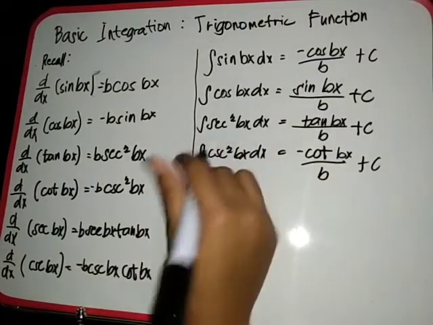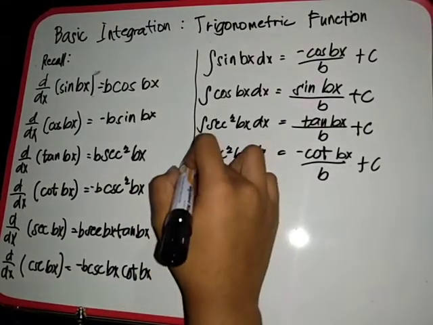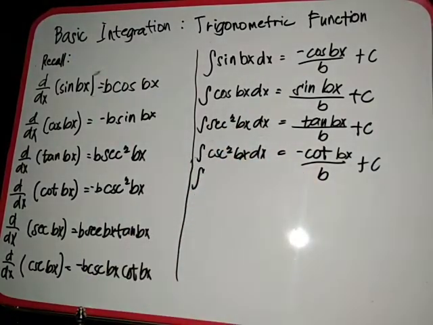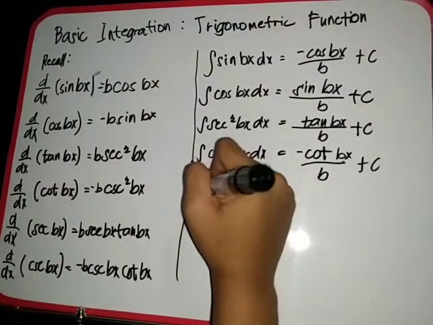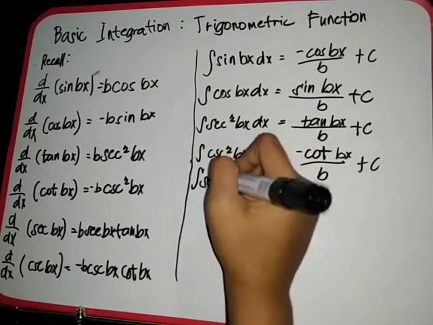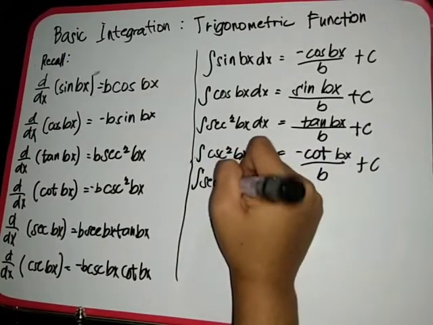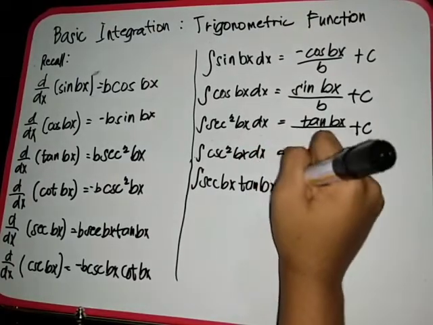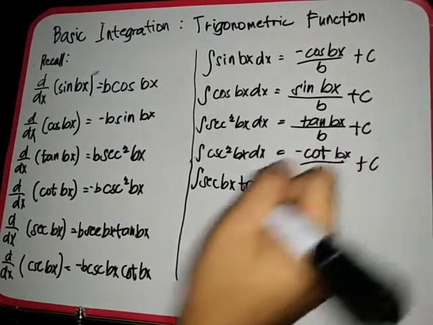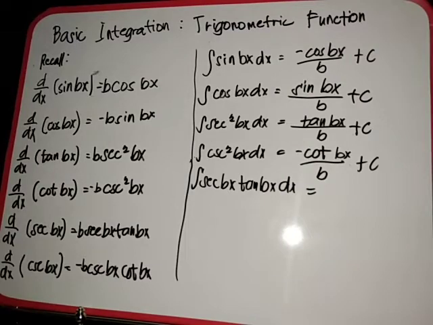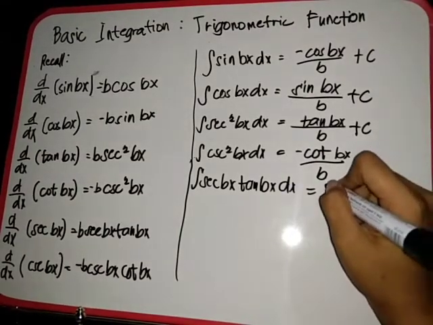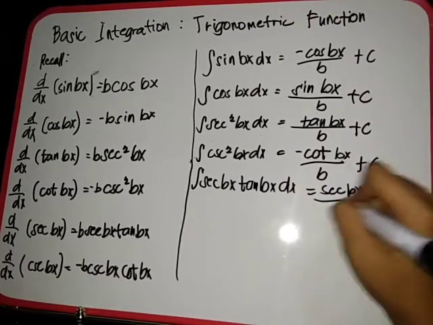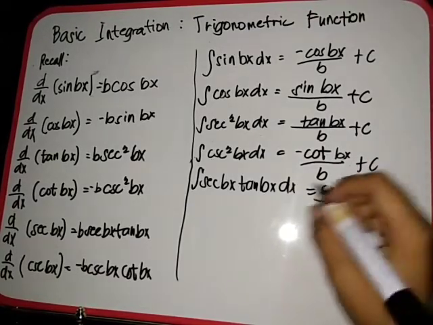The next is the integral of secant bx tangent bx dx, which is secant bx over b plus c.